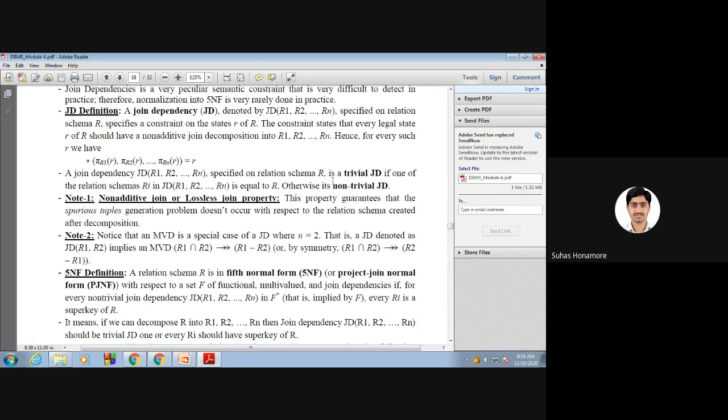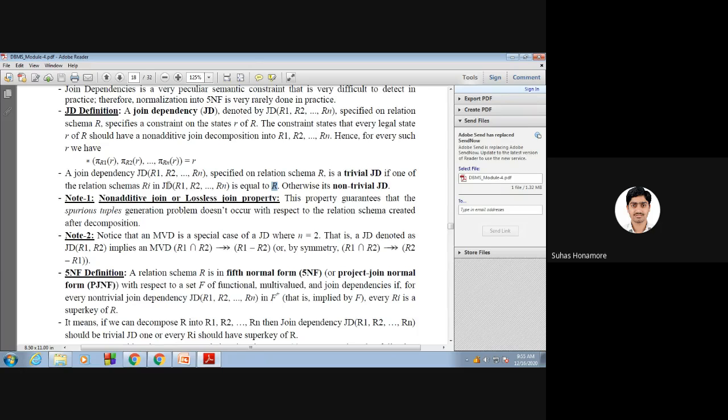What is a trivial join dependency? Here, say R1, R2, R3 in R. We say it's a trivial one if there is some Ri, meaning any one of these that I choose, such that Ri is equal to R, and it completely contains the R attributes.